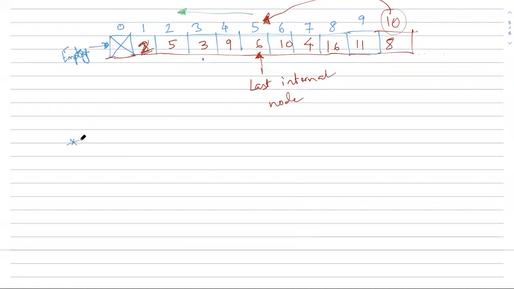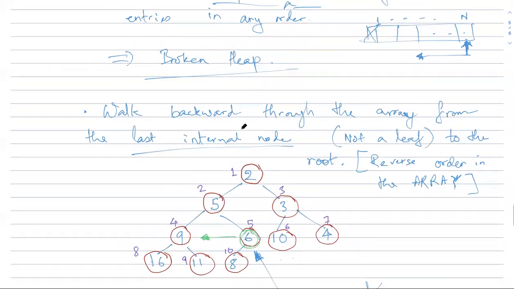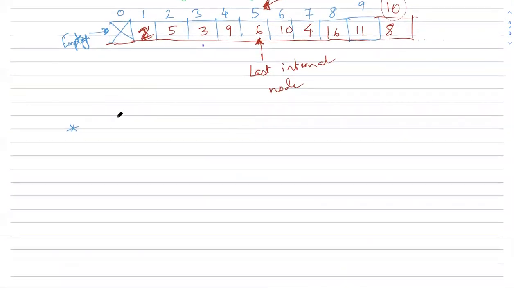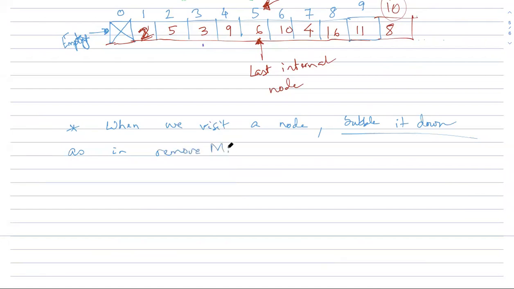So what is the step that we do now? After we walk backward, what do we do? When we visit a node, bubble it down, as in remove min.